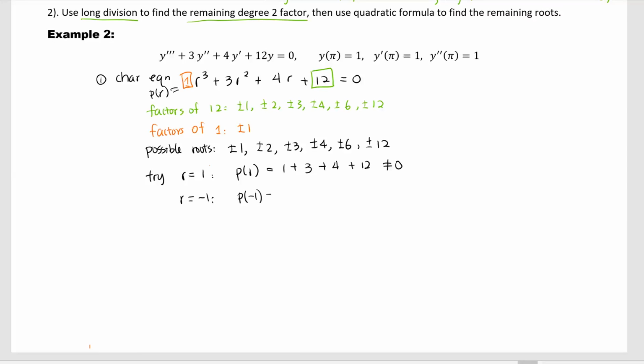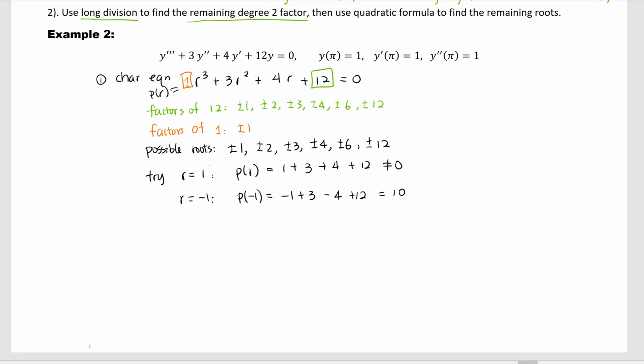P of negative 1 is negative 1 cubed, which is negative 1, and then plus 3 minus 4 plus 12. So we have 2 minus... so we have 10. Right, everybody?